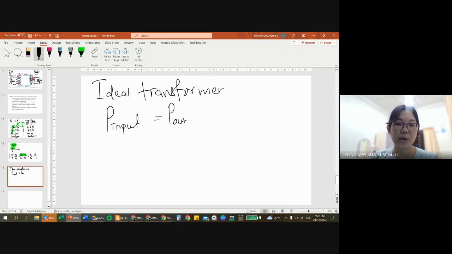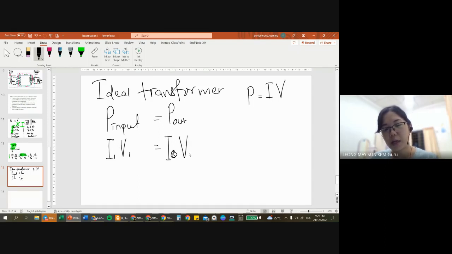So here, input power and output power, how do we identify? It is by using the formula that we learned in Chapter 3 Electricity. Power is equivalent to current multiplied by potential difference. Because it's input, it means current input and potential difference input equals current secondary or output and potential difference output.